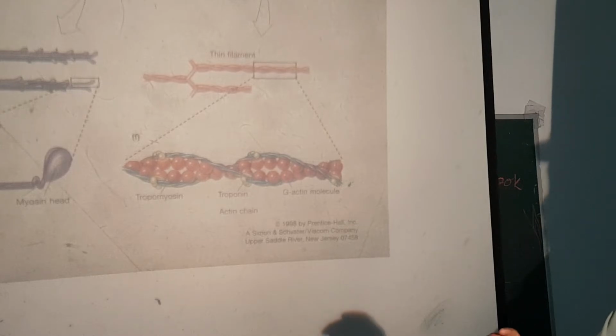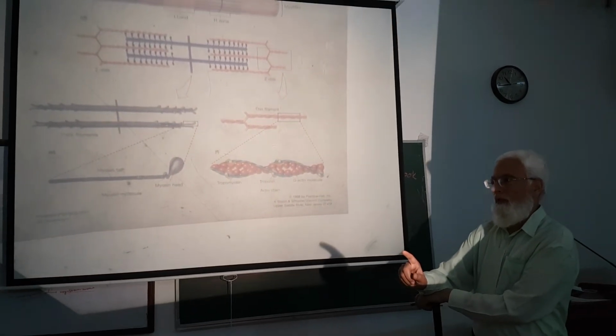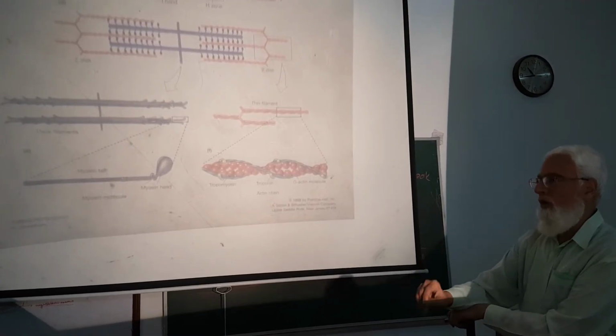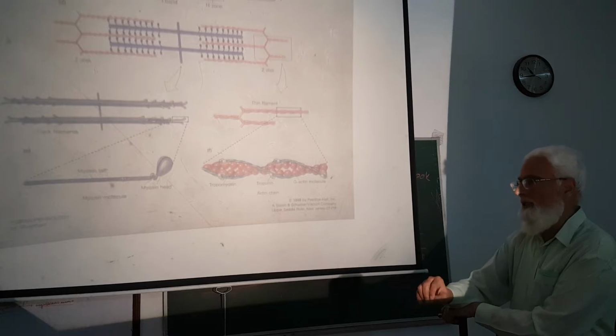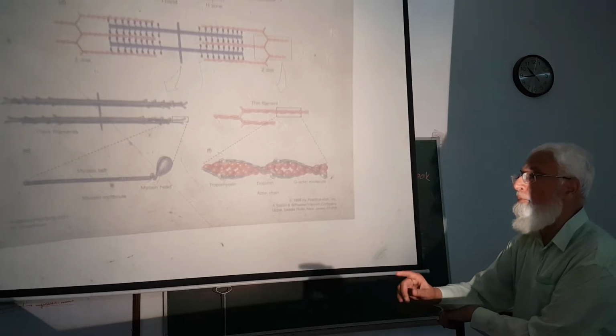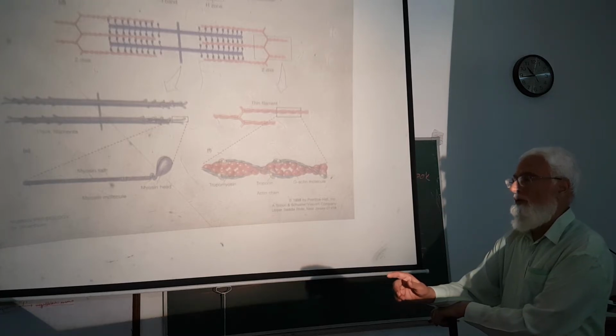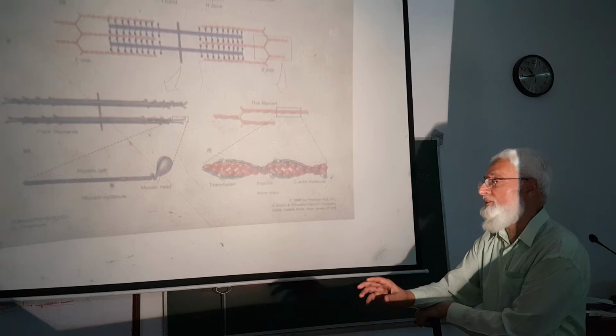Troponin I has a strong affinity for actin. Troponin T has a strong affinity for tropomyosin.